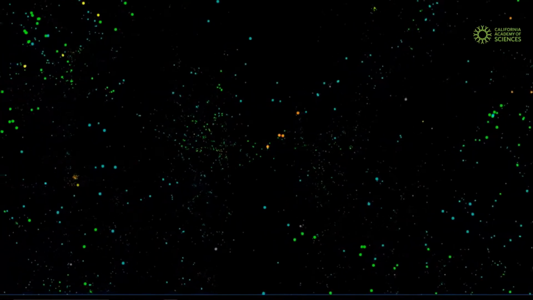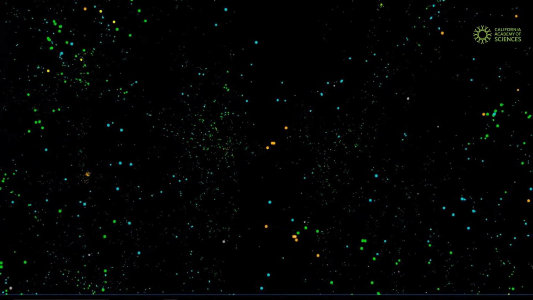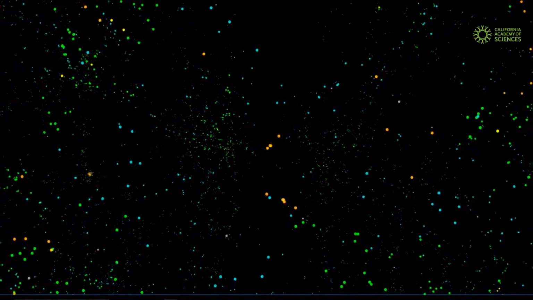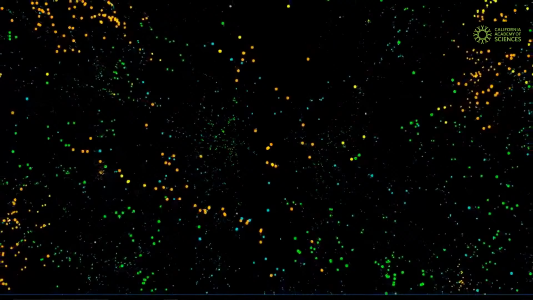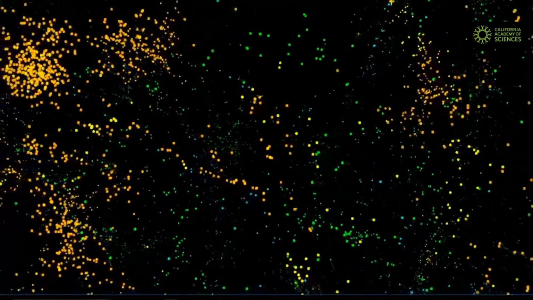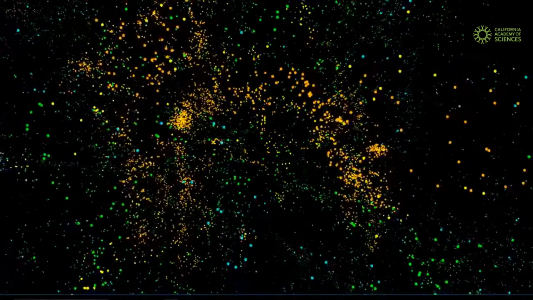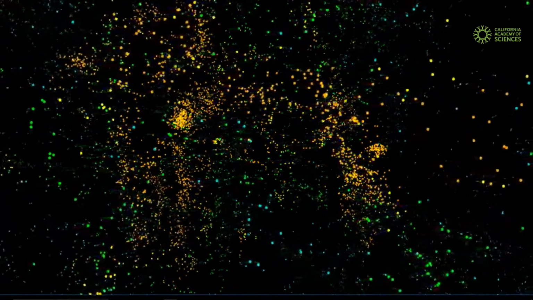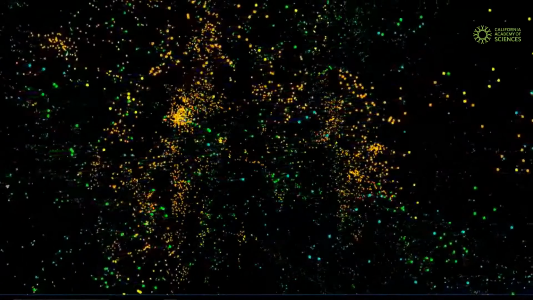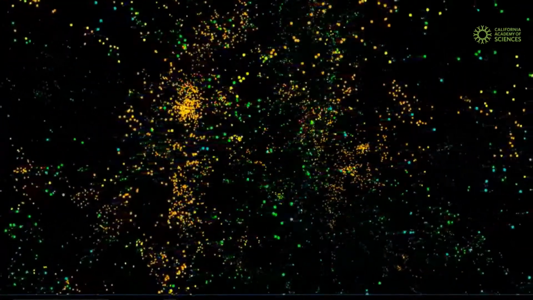As we travel farther and farther out, we start to see the beginnings of structure in the universe. The way the galaxies are distributed has a very, very interesting texture. There are clumps of galaxies, great clusters and superclusters of thousands of galaxies separated by voids where there's practically nothing.